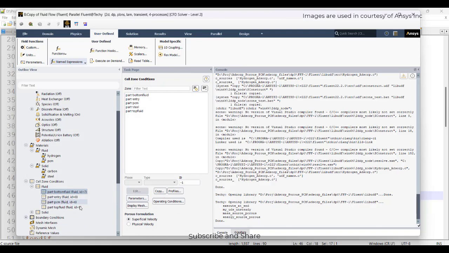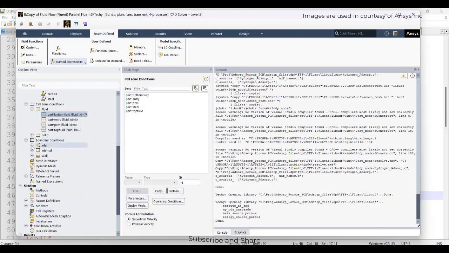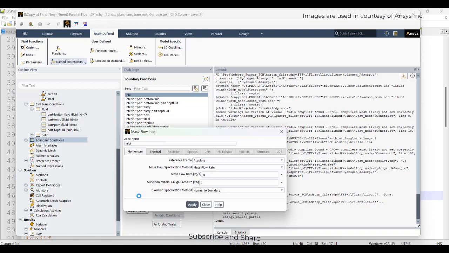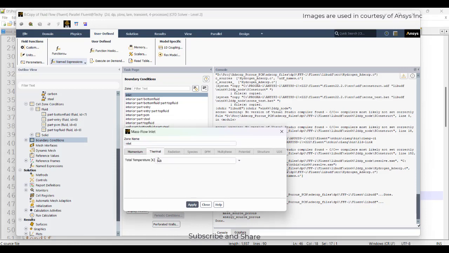Okay, close it, and we'll give the mass flow rate to this inlet, mass flow inlet, with 0. kg per second, the initial temperature of 293 Kelvin. We'll give it 300 Kelvin, that will be okay.